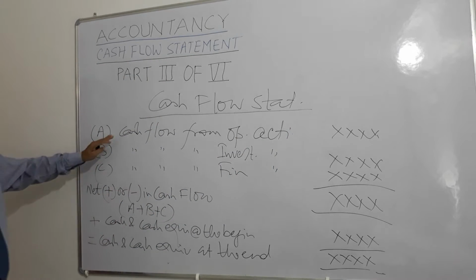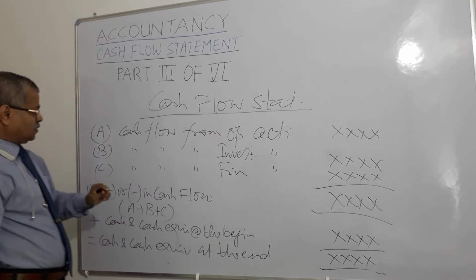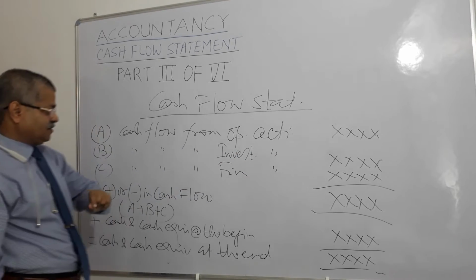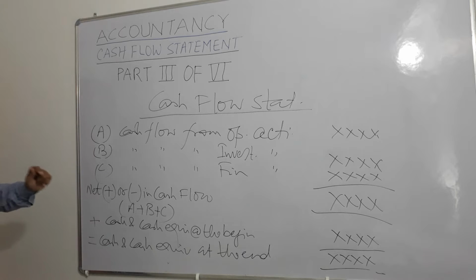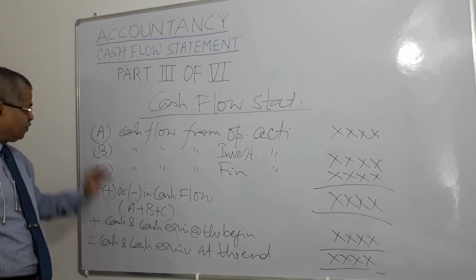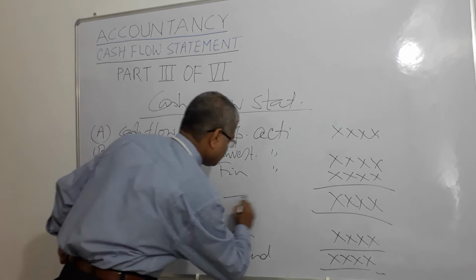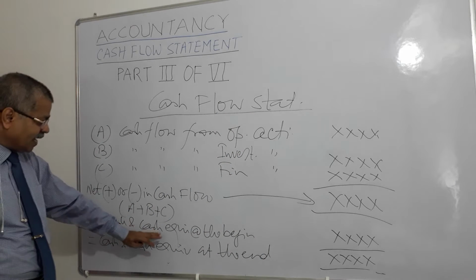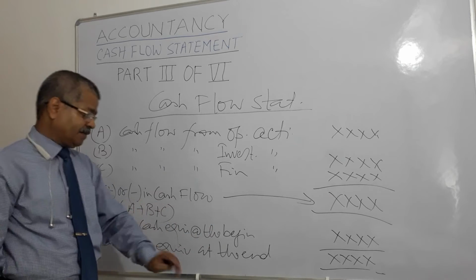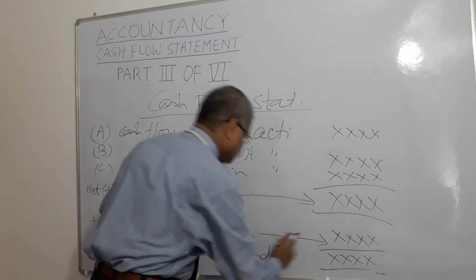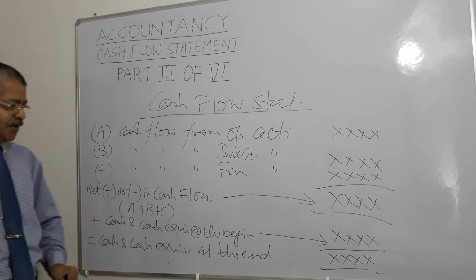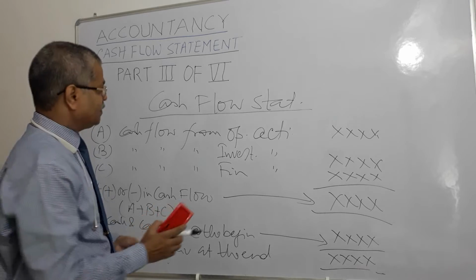Cash flow from operating activities, investing activities, financing activities, A, B, C. All these three combined together result in net increase or decrease in cash flow, A plus B plus C. Then we add cash and cash equivalent at the beginning of the year, and finally we get cash and cash equivalent at the end of the year.